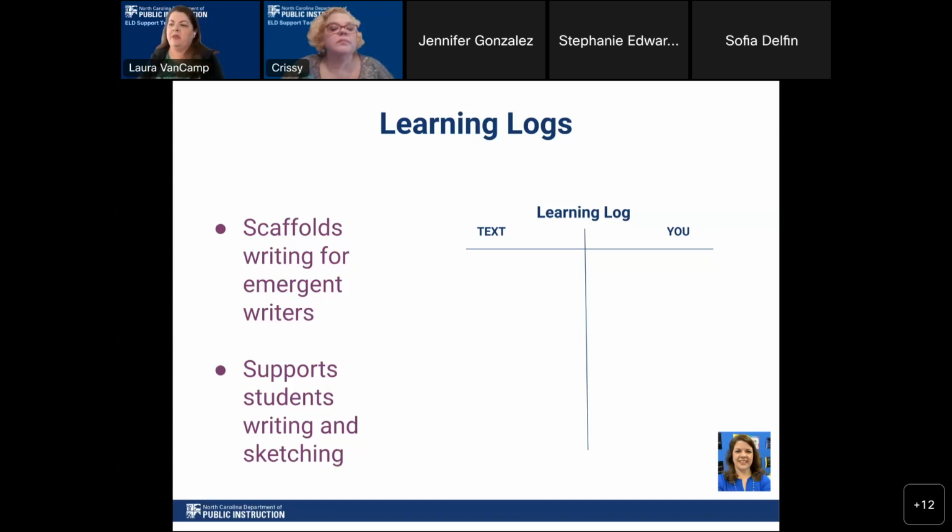One way to use this after you've processed an input strategy chart is to do the learning log. Once that input delivery is complete, you can already have a prompt that's ready to go, and you can have them both write and sketch to show their thinking.